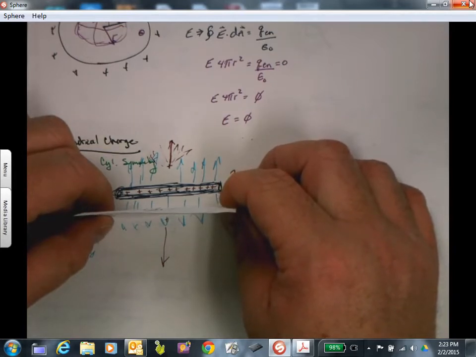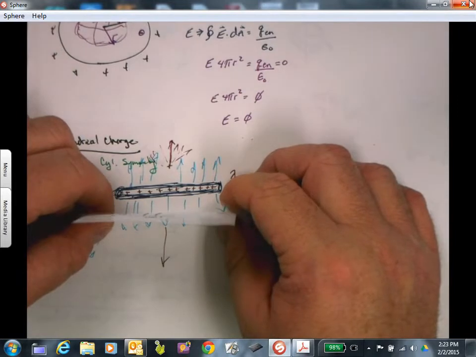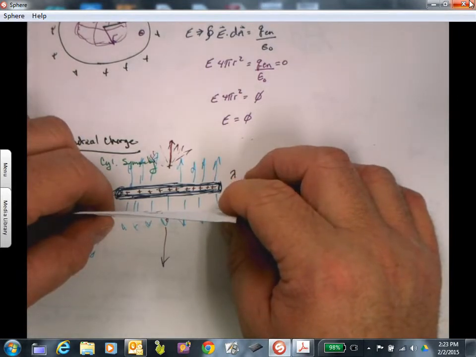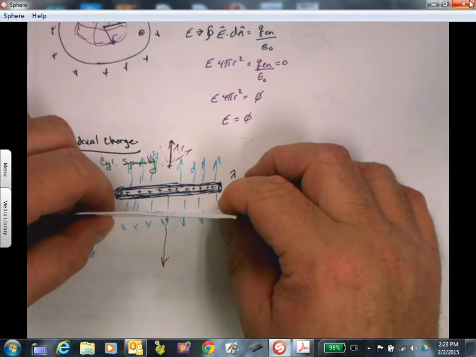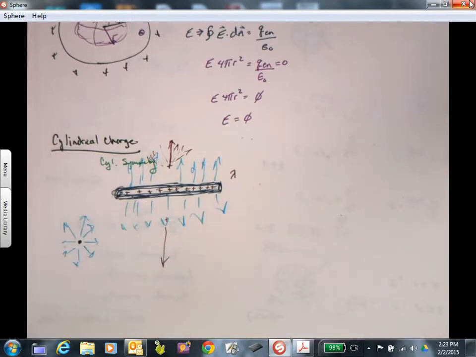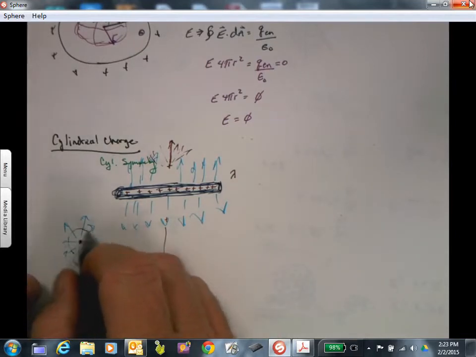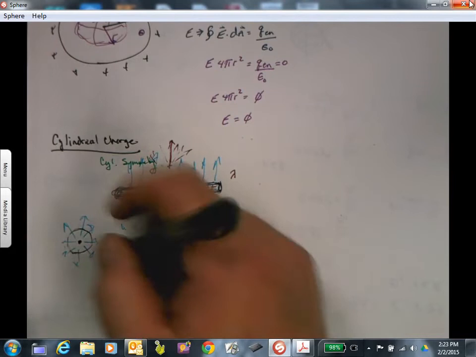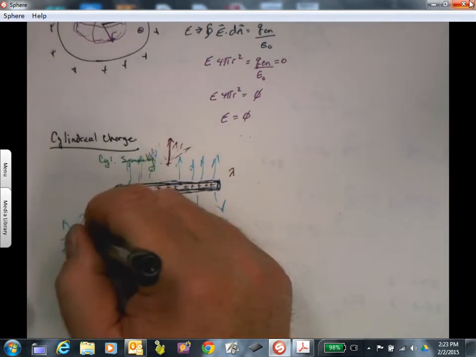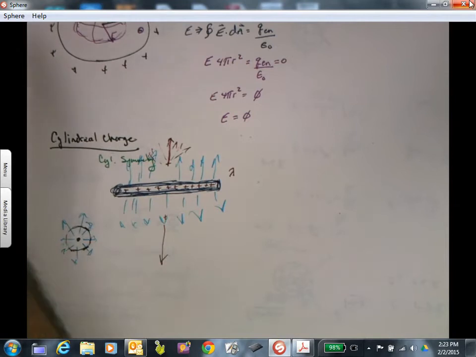At any particular point, if the plane is tangential to the line, there would be a normal line coming out of it, and then lines spreading out through it. But if we draw a cylinder around this, then all of a sudden, in any particular direction we have our field lines coming out.